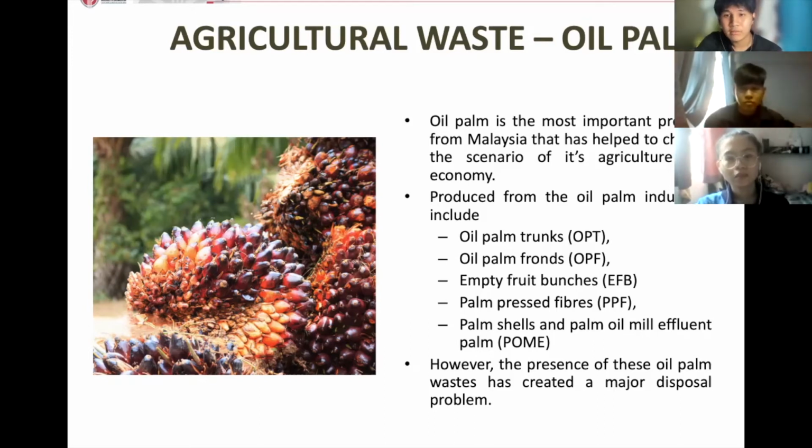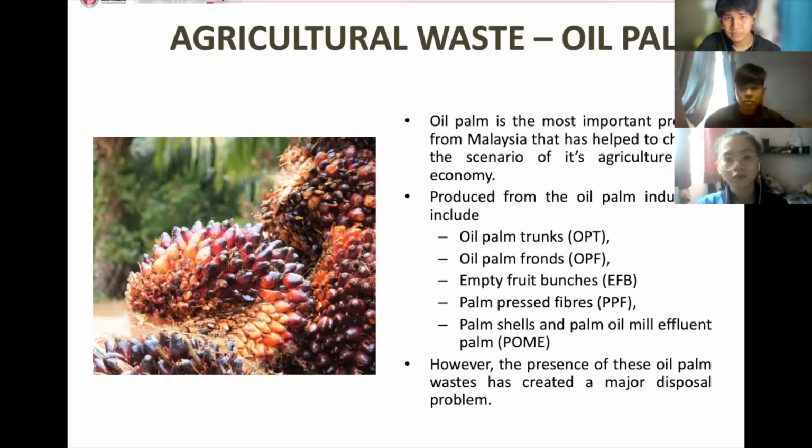The byproducts from oil palm are OPT, which is oil palm trunk, OPF, oil palm frond, EFB, empty fruit bunch, PPF, palm pressed fiber, POME, palm oil mill effluent, and palm shell.